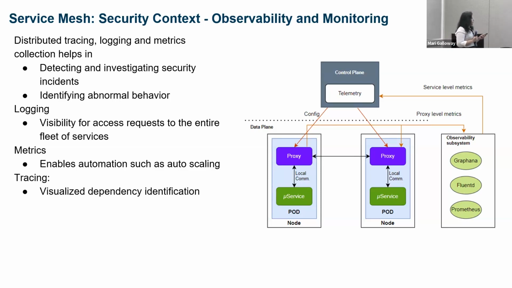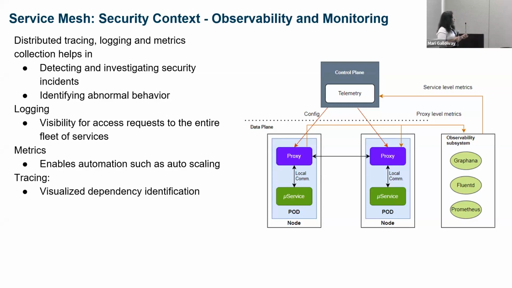Also, if there are issues in the environment, since it has visibility over the entire network, it can provide visualized dependency identification so that you can identify the root cause immediately, which will help in your troubleshooting.